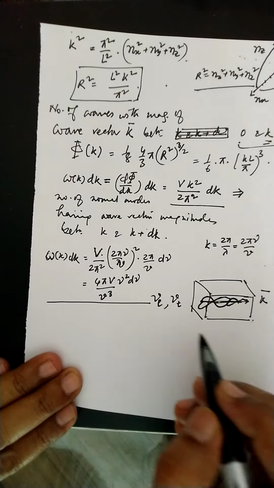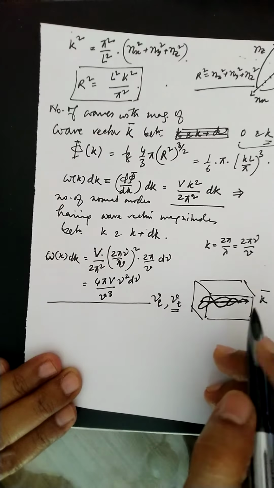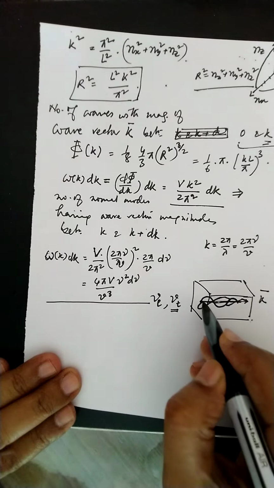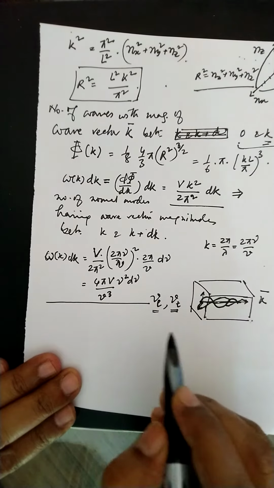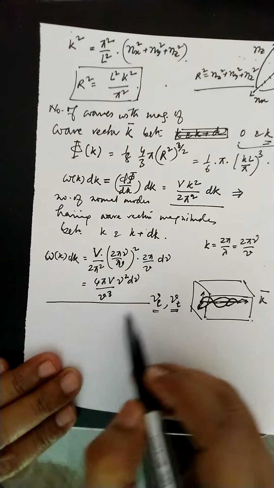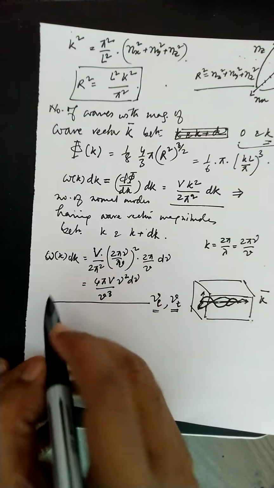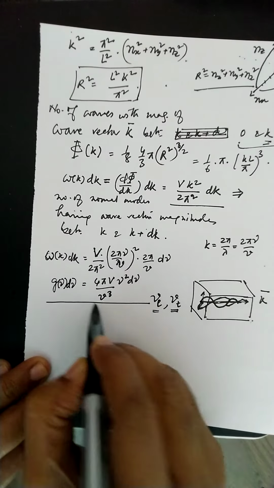Now considering that the transverse direction velocities depend on the kind of structure, let us consider that in both directions, this way or this way, they are the same, and the longitudinal wave velocity is different. In general, this function can be represented as g nu d nu, expressed in terms of nu.